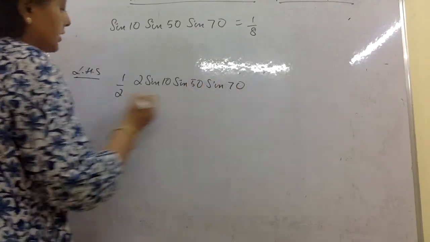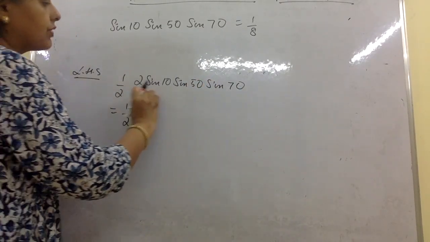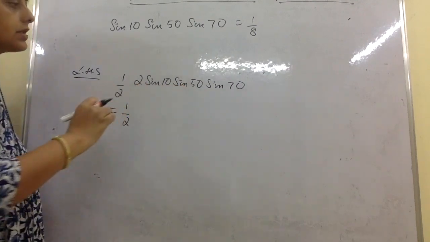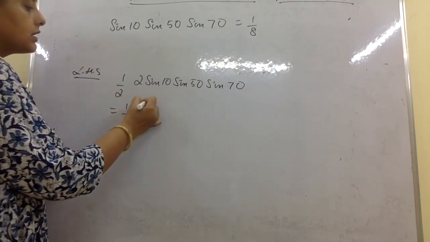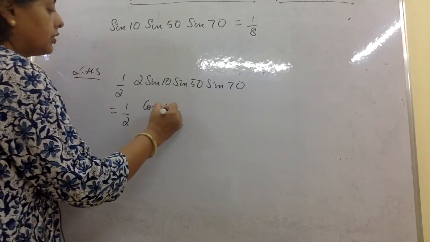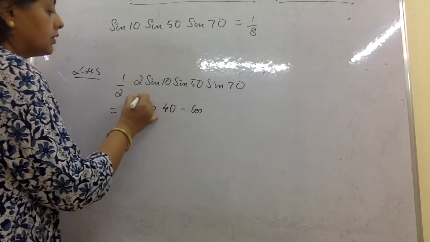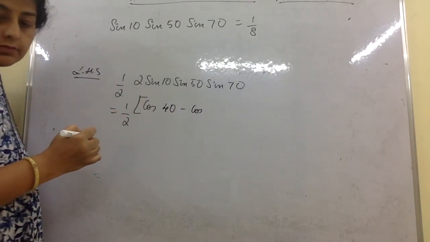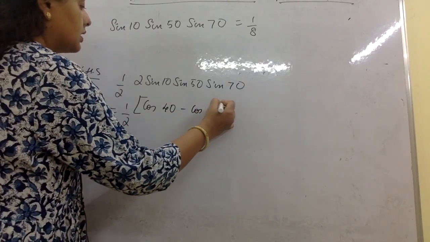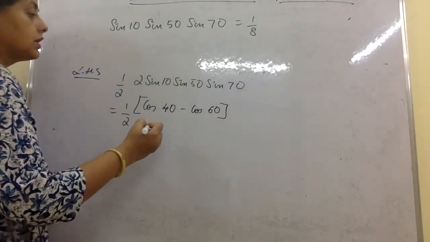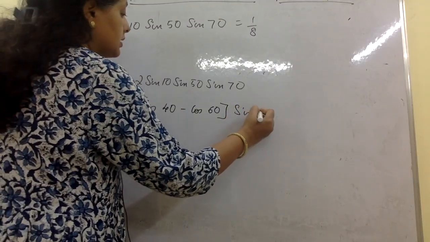We have to keep writing this. 1 by 2, this one is how much? It is 2 sine 10, sine 50 is a cos 40 minus cos 60. C minus D and C plus D. And then write the sine 70.